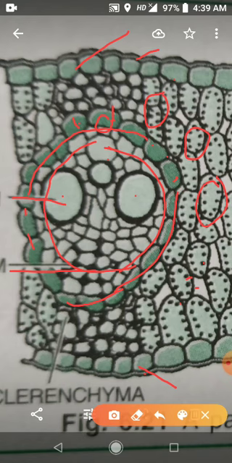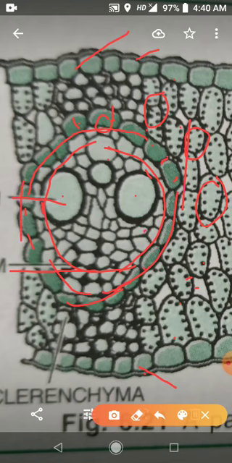Children, in this you have to keep in mind what the peculiarity in the Kranz anatomy is. First, there is no palisade, no differentiation of mesophyll cell into palisade and spongy mesophyll cell. Second thing, the vascular bundle is surrounded by a cell that is called bundle sheath, and mesophyll cells are clustered around the bundle sheath.